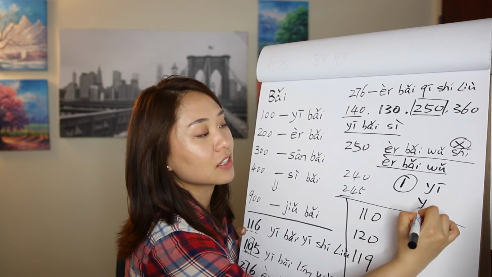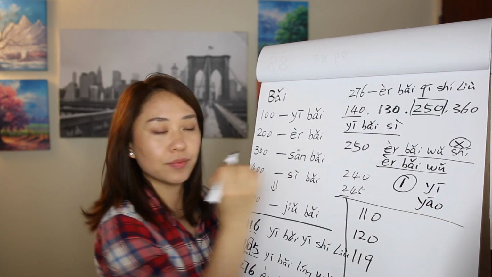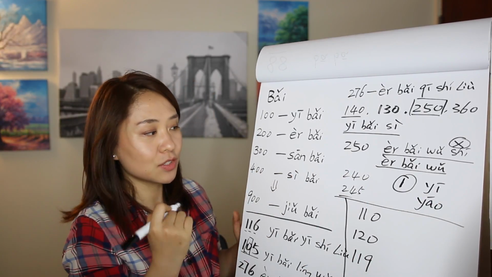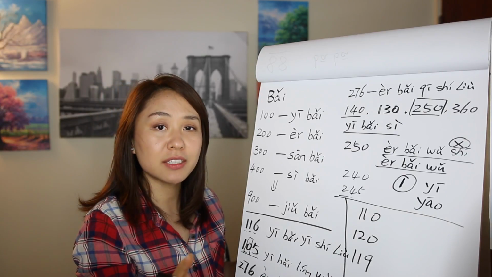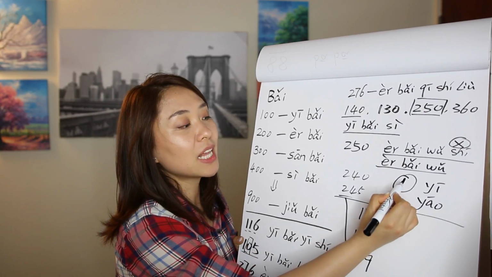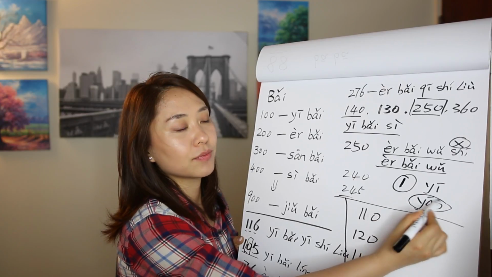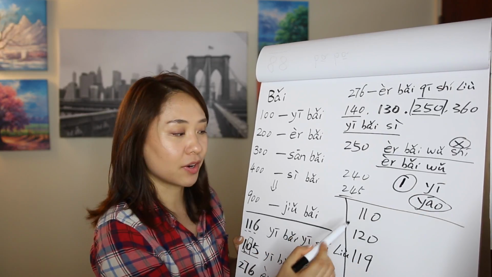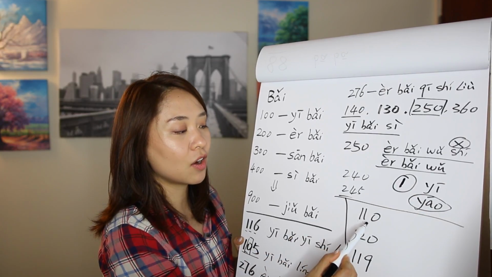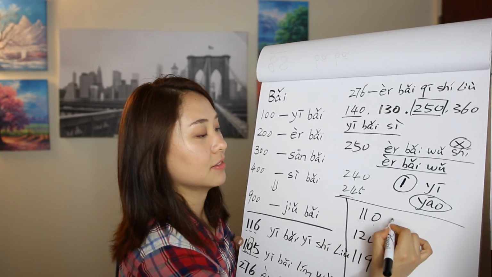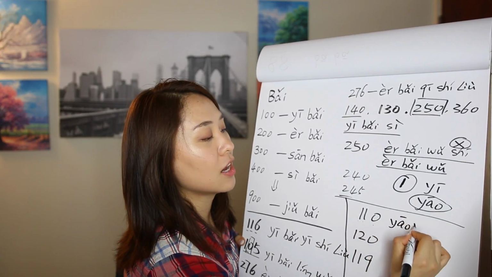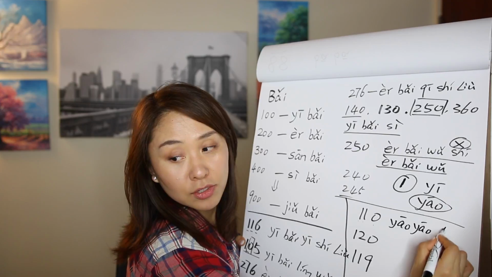It reads Yao, like that. So every time you read a phone number, you replace E with Yao. This is a phone number. So 110, right? So 110.